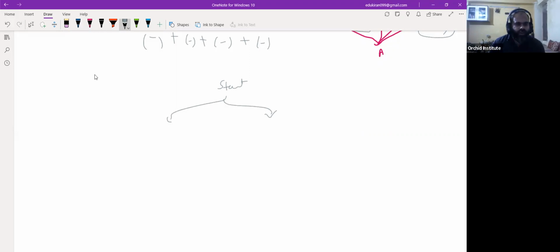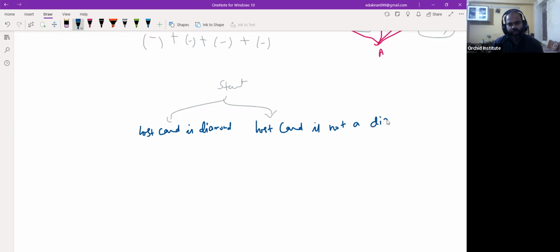So one event you can take that the lost card is a diamond. And another event you can take, lost card is not a diamond. So the probability of these: diamonds are 13 out of 52. So 13 by 52 is the probability, that is 1 by 4. And here it is 3 by 4.